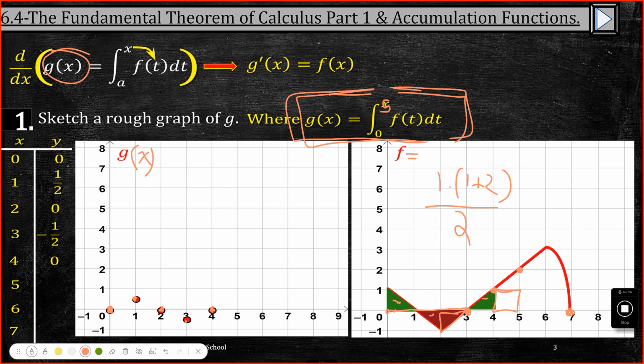I like looking at it like this better because it's 1.5. In any case, 1.5. So g of 5 is 1.5.